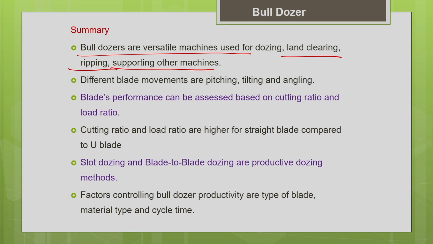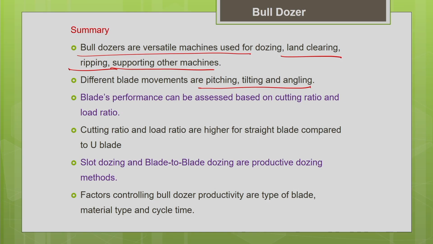And we saw that depending upon the type of connection between the blade and the tractor, we can have different types of blade movements: pitching, tilting and angling. So if you have a C frame, then angling and tilting is possible. If you have a tilt cylinder and pusher arm arrangement, in that case only pitching and tilting are possible, angling won't be possible.